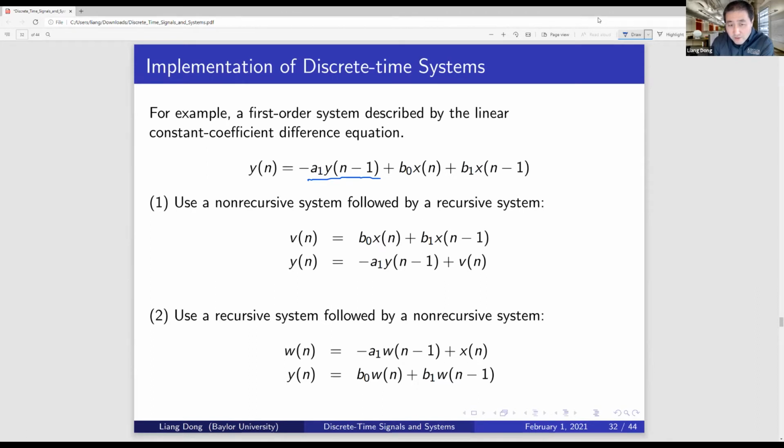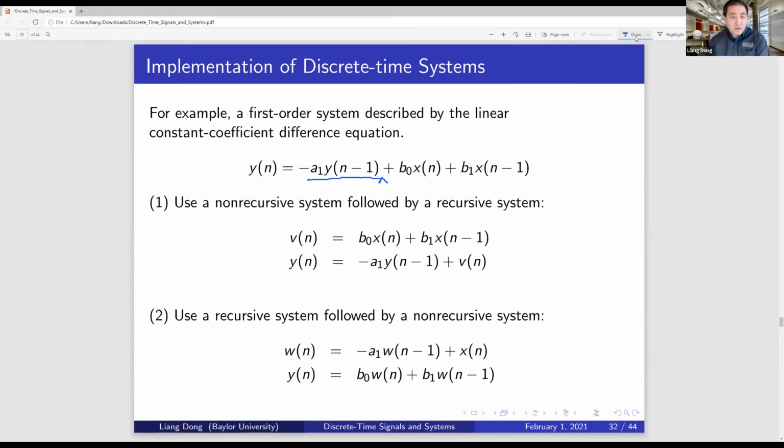We call that first order. Similarly, if I have another term here, subtract a2 y n minus 2, then we call that a second order system. So the order is how many delays of y I have here.